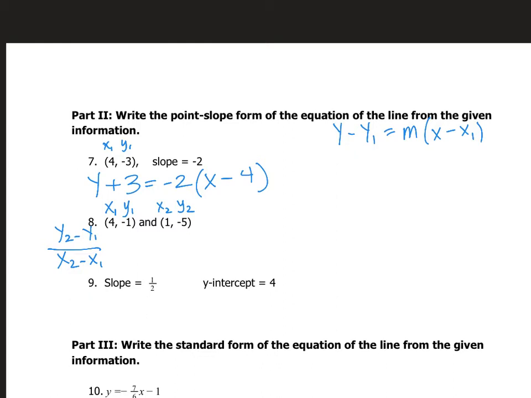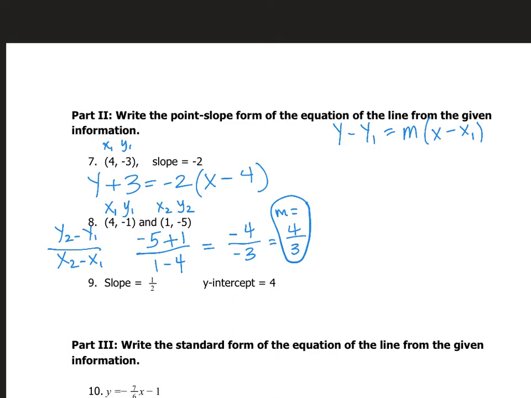Okay. So we get our slope, and our slope is -4 over -3, which will simplify to +4 over +3. So I'm going to write m equals +4 over +3.